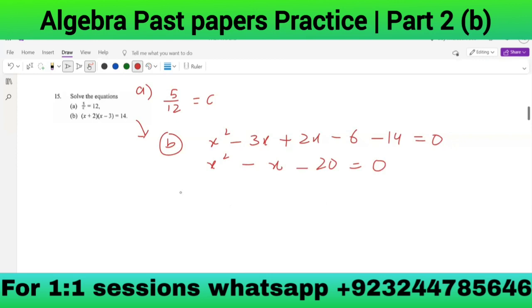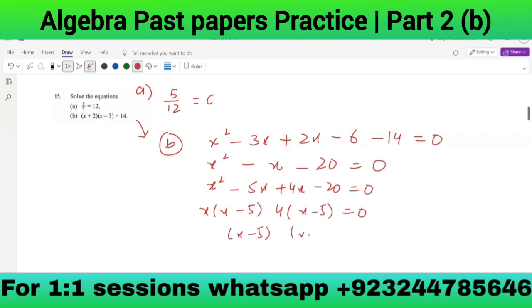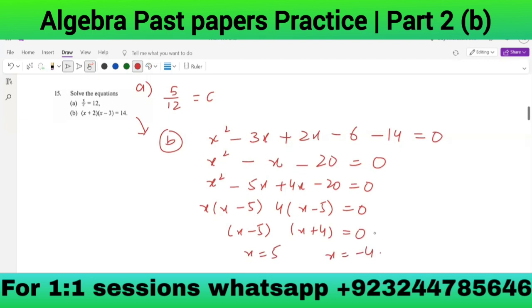So it can be 5 times 4 is 20. Get the two values of x.